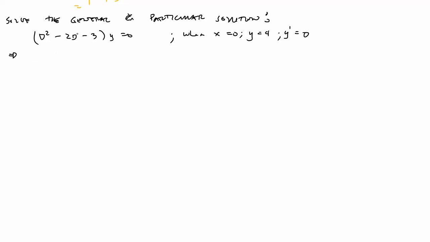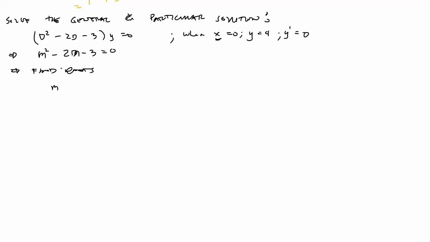As you can see, since we have this variable x here, our variables are y and x. So, going back, first we need to transform this operator into the auxiliary equation. So we have m squared minus 2m minus 3 is equal to 0. The next step is we need to find the roots by factoring it out.